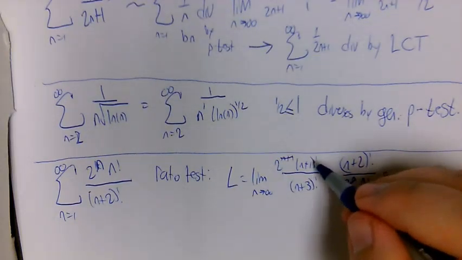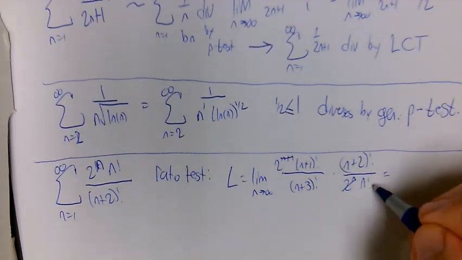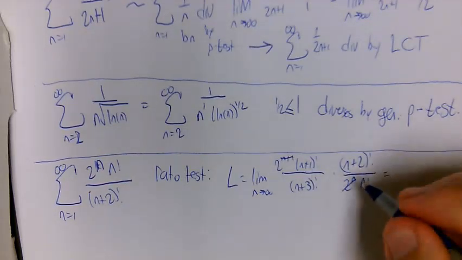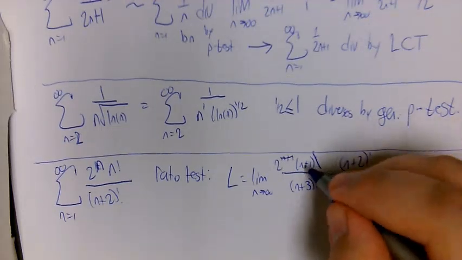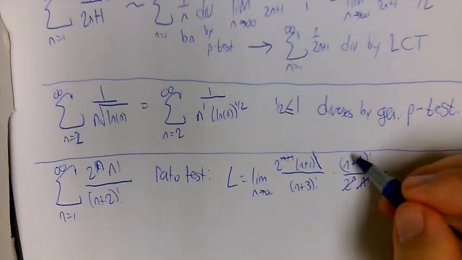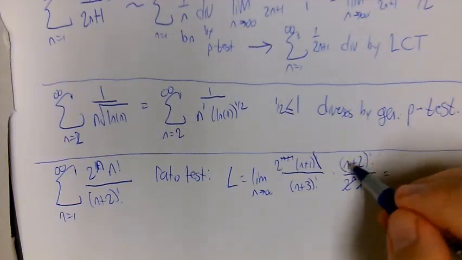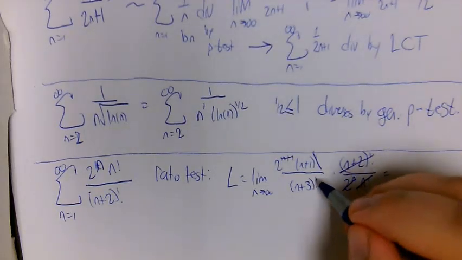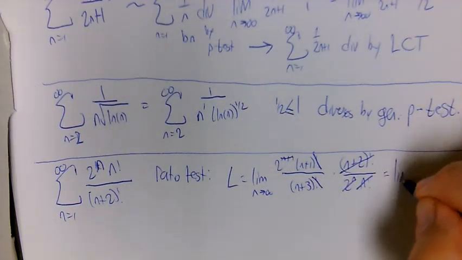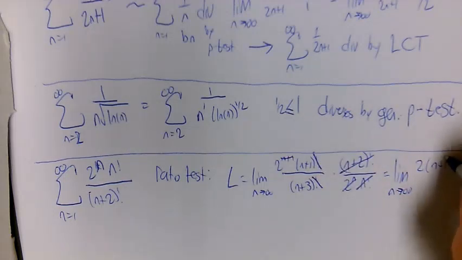Well, if we were to look at this, this would be n plus 1 times n times n minus 1 and so on. This would be all the same thing, except we wouldn't have the n plus 1. So all of that cancels, and we're left with a single n plus 1. And then a similar phenomenon happens here, because this is n plus 3 times n plus 2, n plus 1, and this has all the same stuff except for n plus 3. So we end up with the limit as n goes to infinity of 2 times n plus 1 over n plus 3.